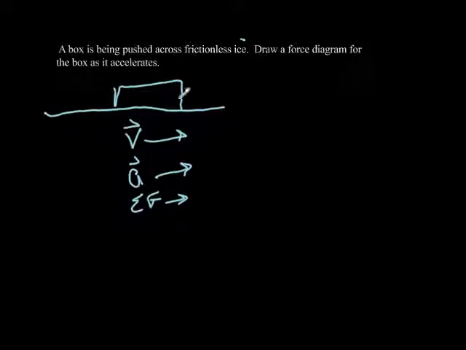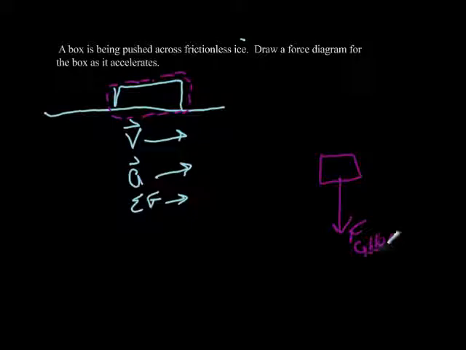So I identify my target here. My target is the book, always starting with gravity: Fg on the book by the earth. And I have an upward force normal on the book by the ice.